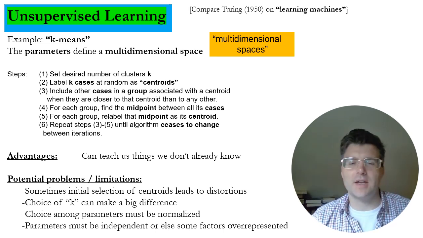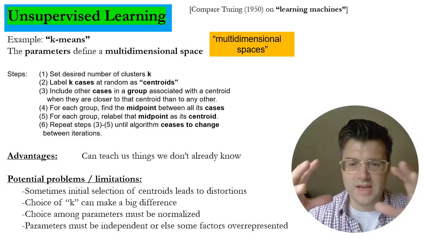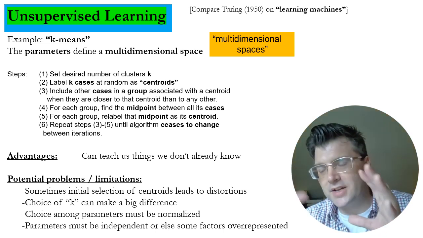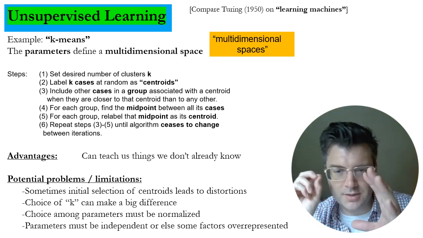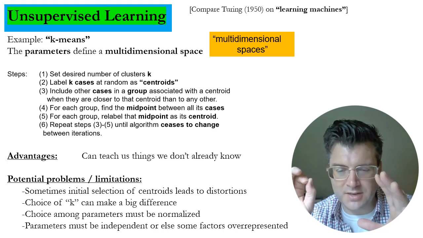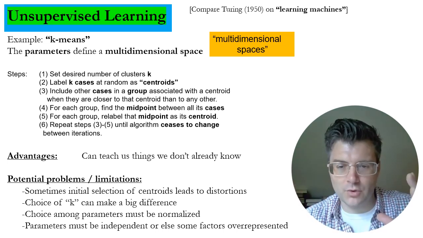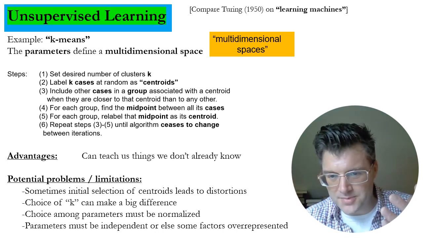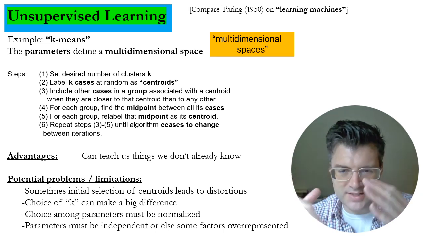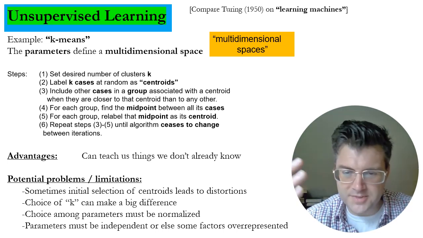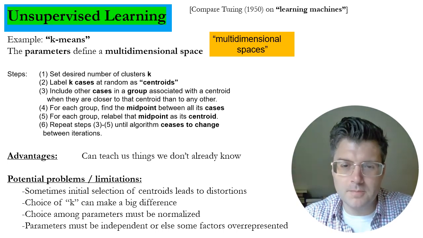You can think of it like what it's doing is it's making a multi-dimensional map and putting each of the points in that multi-dimensional map. We're very familiar with three-dimensional maps, x, y, and z coordinates, or two-dimensional maps, x and y coordinates.